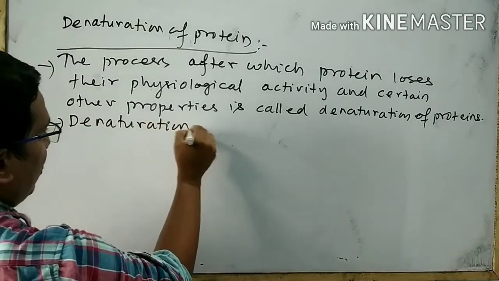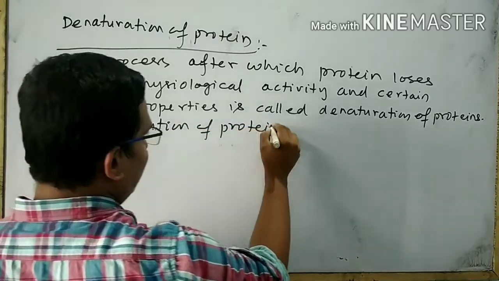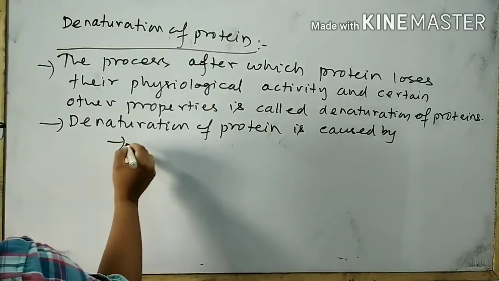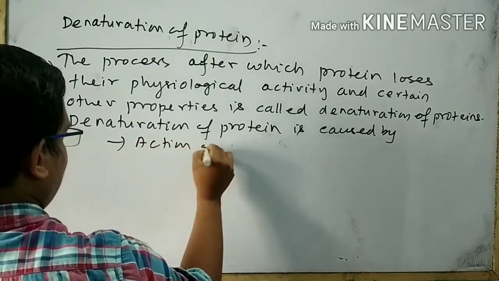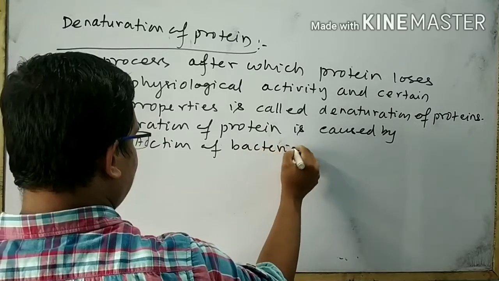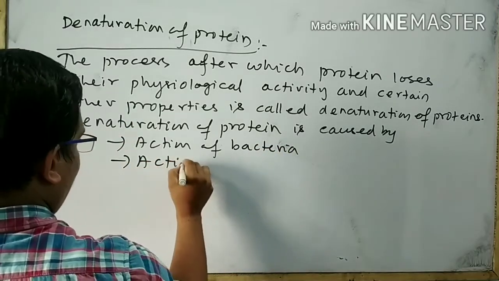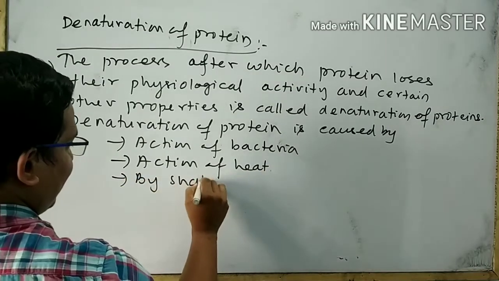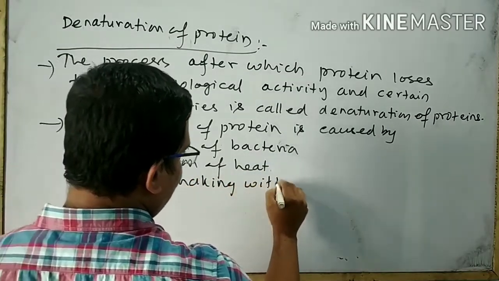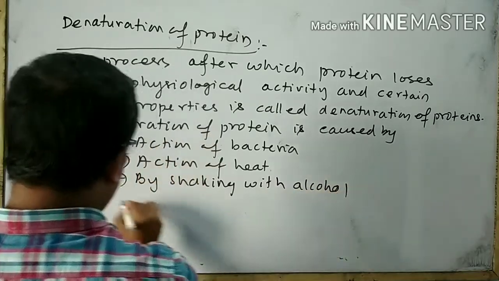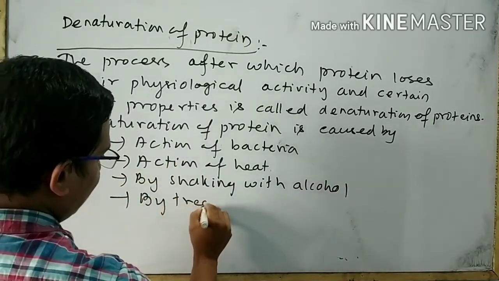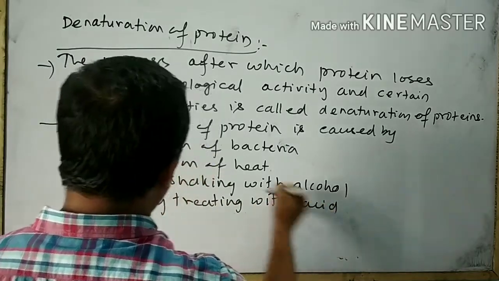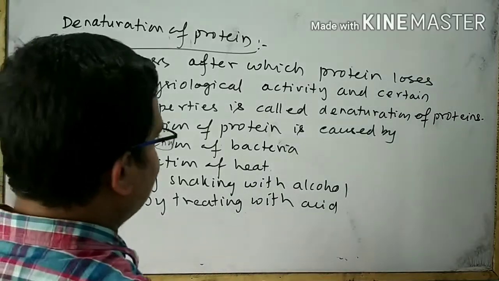Denaturation of protein is caused by the action of bacteria, action of heat, shaking with alcohol, or treating with acid. Due to this, denaturation of protein takes place.